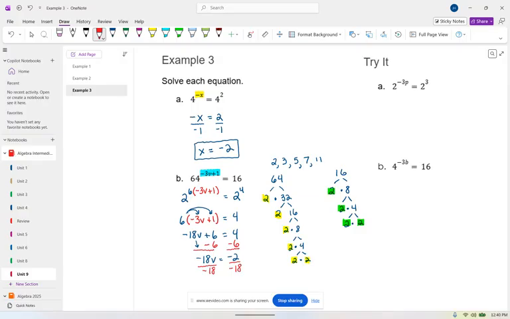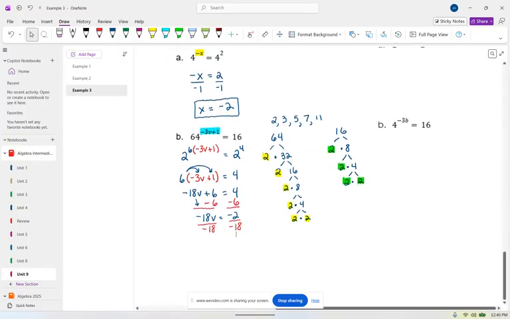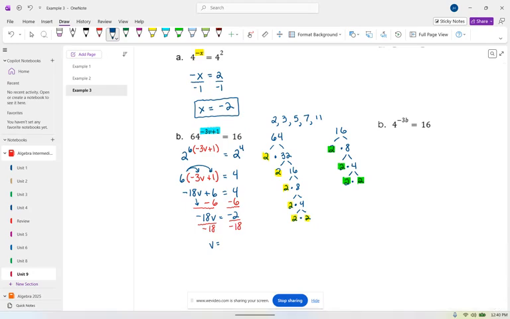So we're dividing by negative 18. We end up with v equals negative 2 over 18. Now, if I put that into Desmos, or if I know how to simplify it myself, it will simplify it. The negatives will cancel out and leave me with just 1 over 9. So that's going to be our final answer, 1/9.